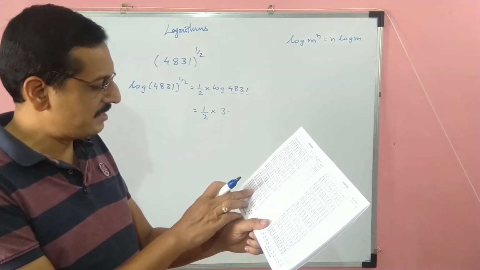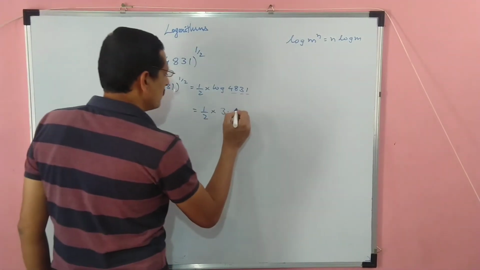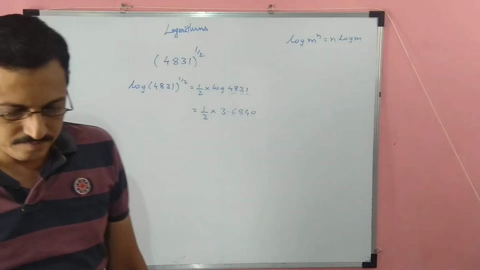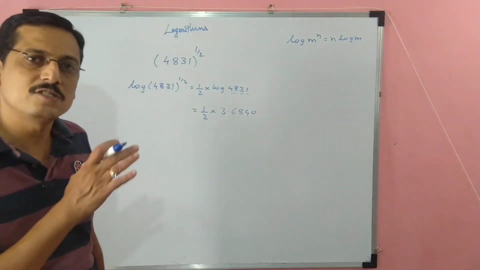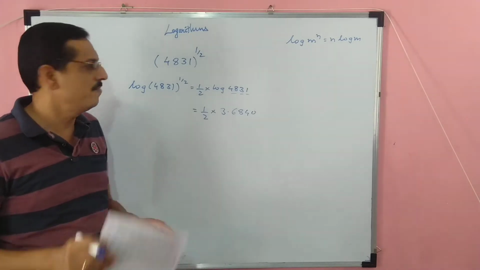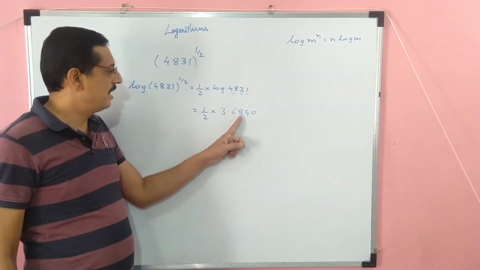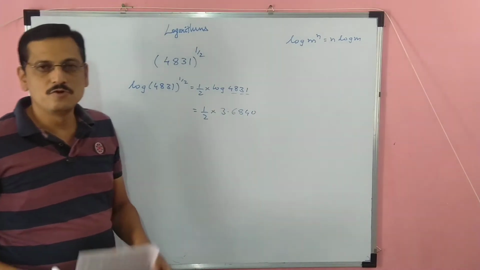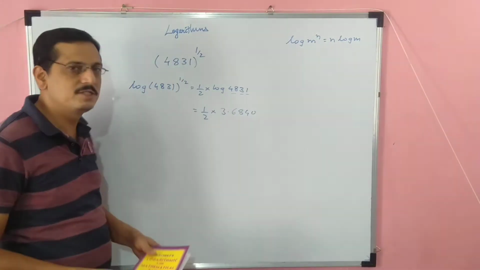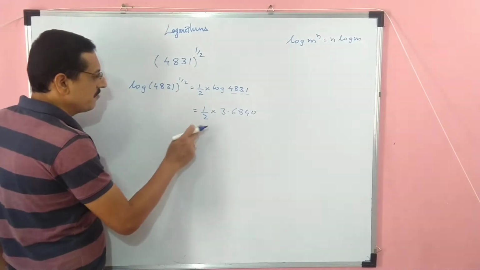So I am getting 6840. In the first video we used this same value. So you know very well how to check the log table. If you don't know how to use the log table, please go through the first video and then continue with this video.